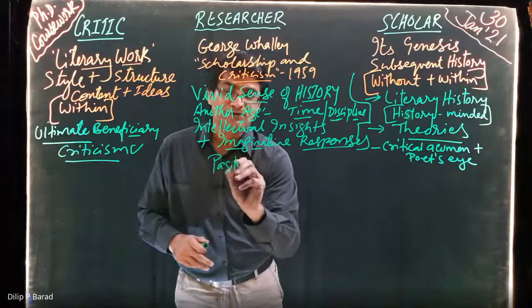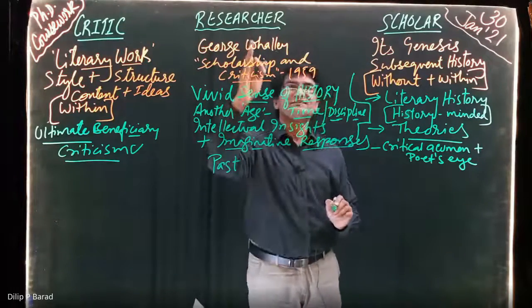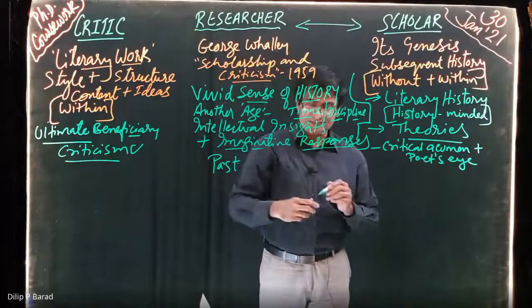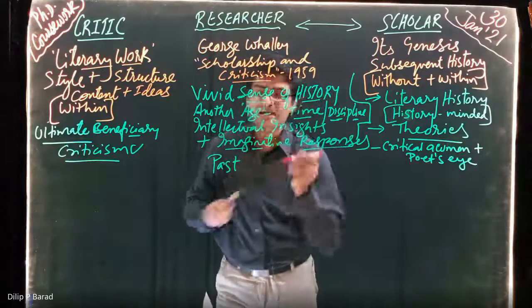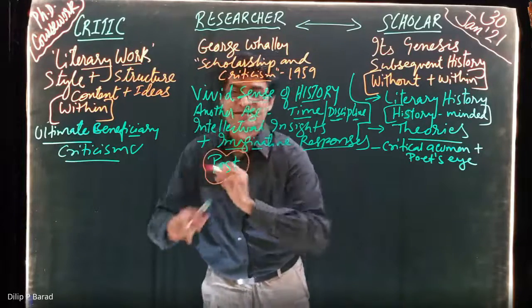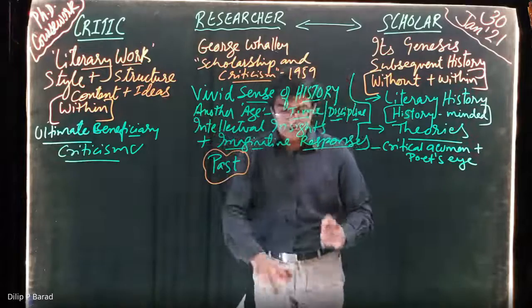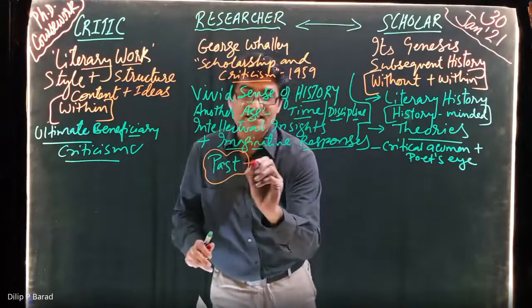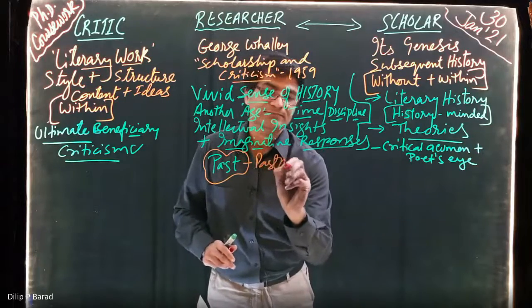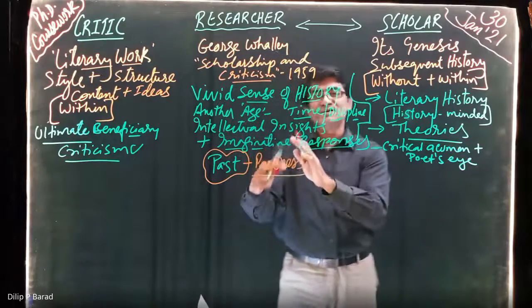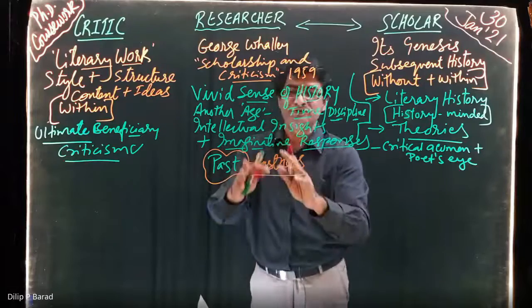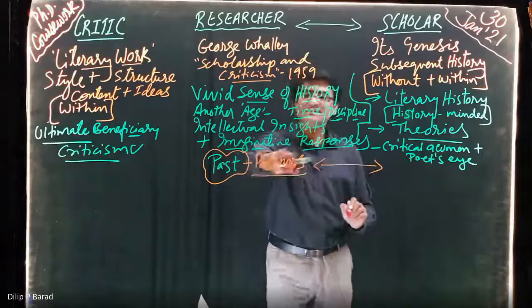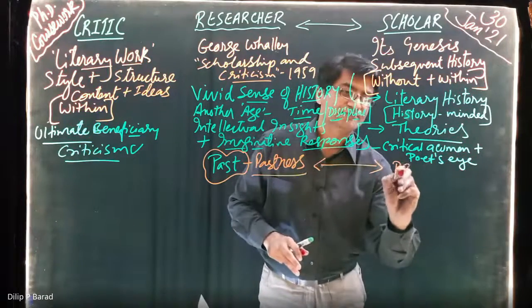So now from this, if you try to see the difference between researcher and scholar, we can say the researcher is the one who remains rooted or has an ability to go back in past with whatever work they are dealing. He can time travel and go into the past, can understand the pastness of the past. These words are coming from Eliot's essay, Tradition and the Individual Talent, and he can very quickly see this pastness in present time.